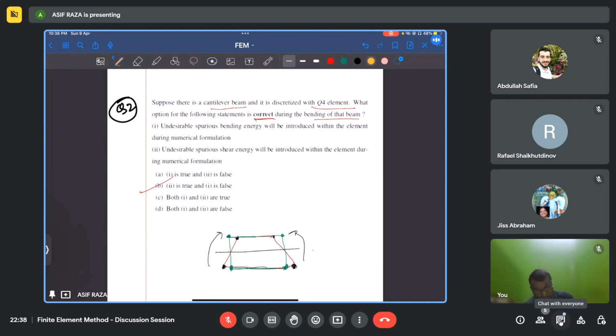This is not my expertise though. So this is my Q4 element. In the pure bending case, it should go like this.